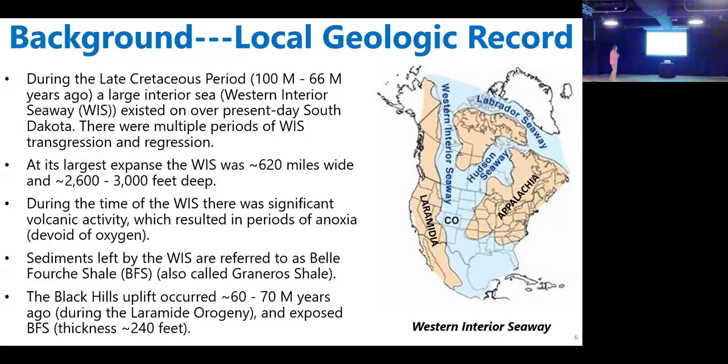Sometimes it's also called Graneros Shale. And then after that, the Black Hills uplift occurred, and in that process exposed this shale that had been deposited in the seaway. It's roughly about 250 feet deep, this Belle Fourche Shale.